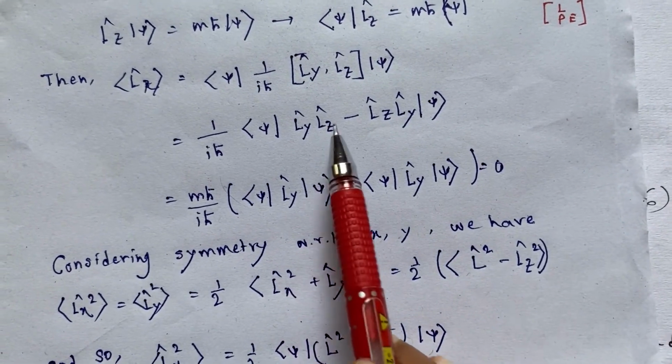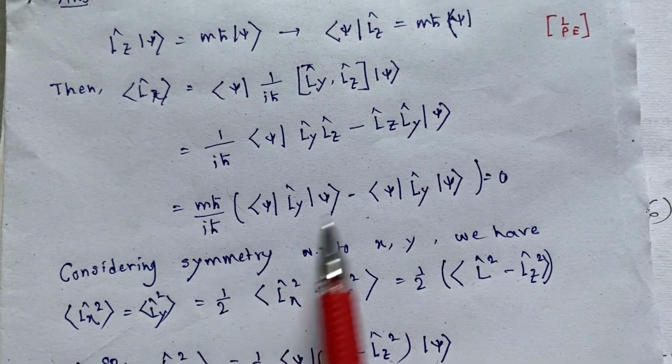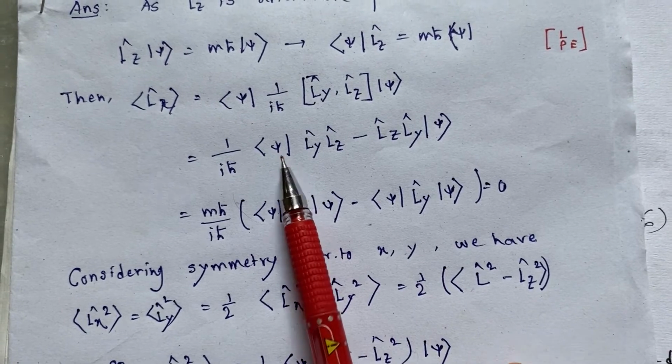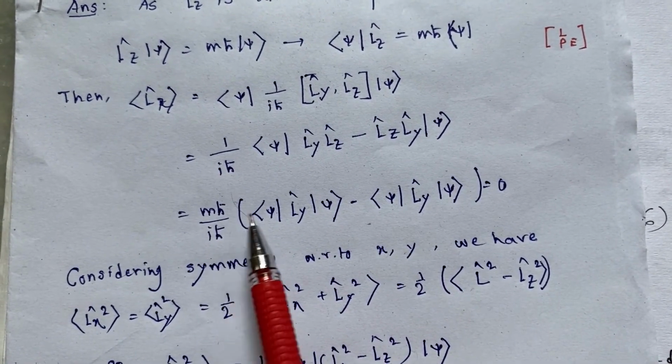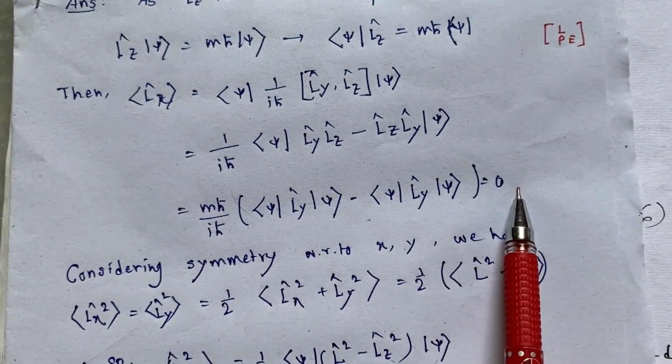So here, if Lz operates on the ket psi, that gives me m h cross. Lz operating on the bra psi also gives m h cross. So m h cross by i h cross is outside the parenthesis, and we are left with this. So we have 0.